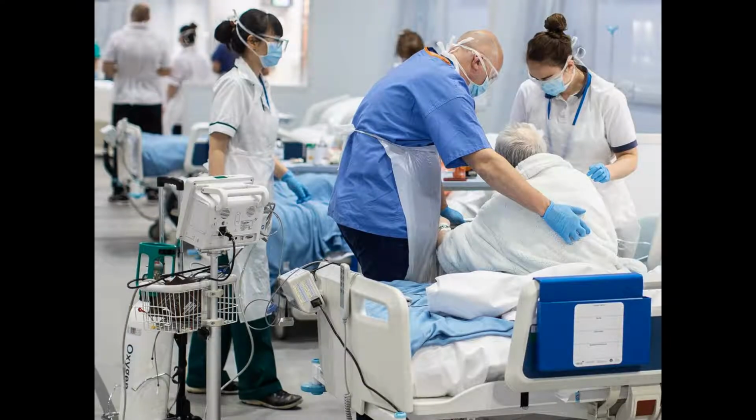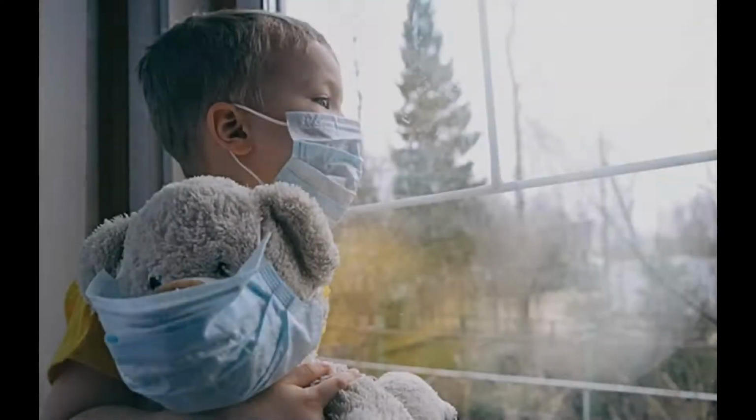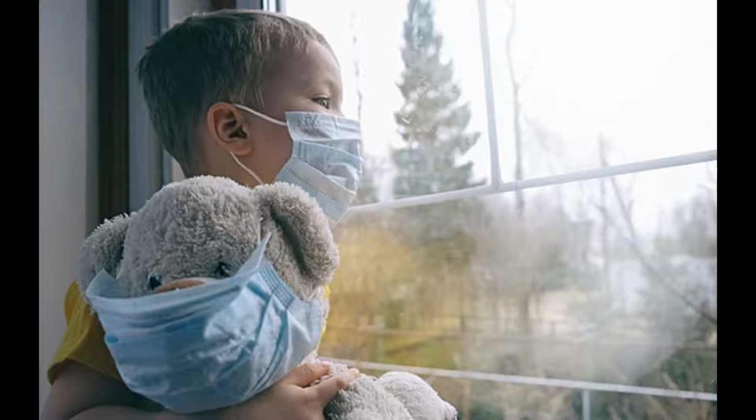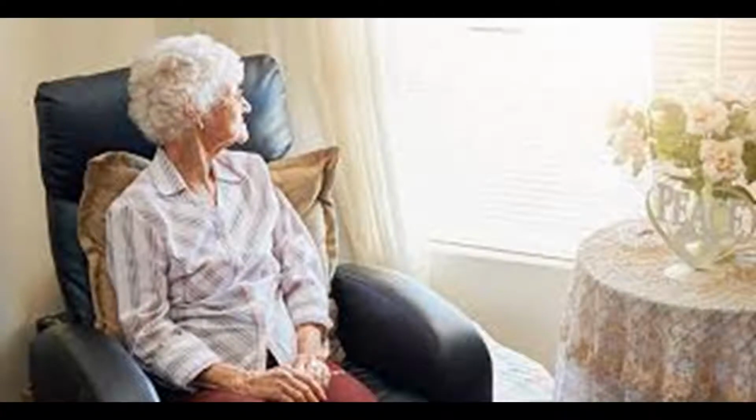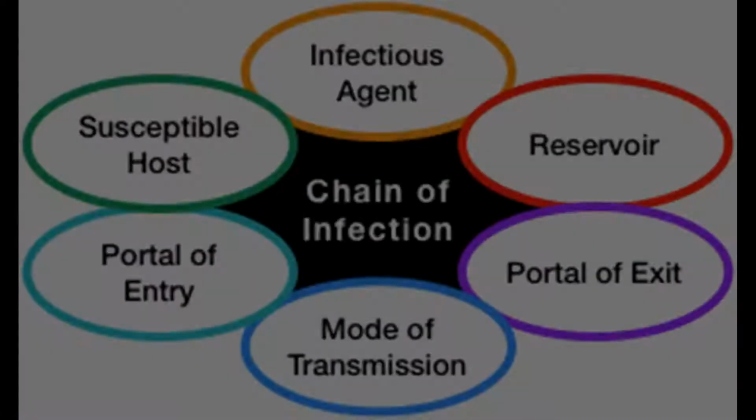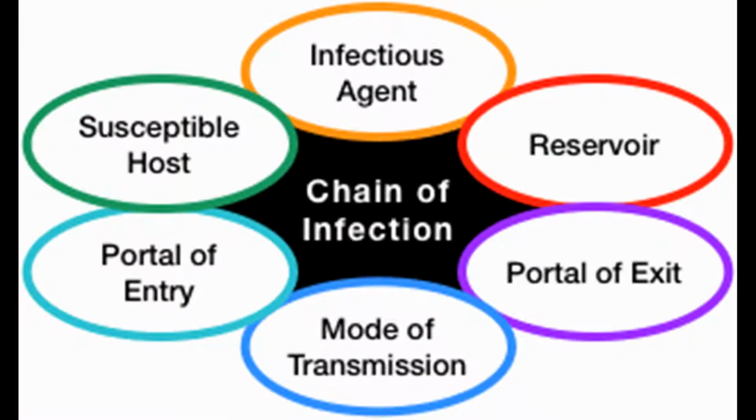So, pag sinabi nating susceptible host, the person can be infected because again mahina po yung immune system as compared to a person with a very good immune system, so they can fight the infection. Okay, so those are the elements of the chain of infection.